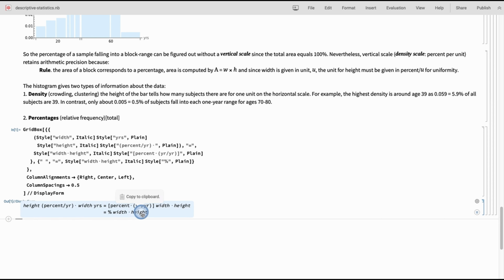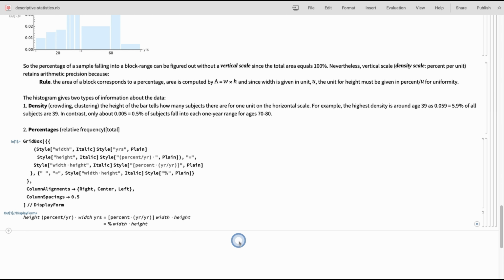We have this function GridBox, which allows us to align expressions and gives us a bit of control over the column alignments and the column spacing and the display form. So it's not too bad, it's just not what we're used to in terms of LaTeX typesetting or TeX typesetting, if you want to be linguistically precise.